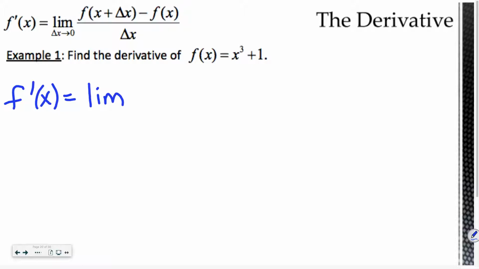So the limit as the change in x approaches 0, f of x plus the change of x means you're plugging x plus h into your function. And then please do not forget that you need to subtract the function in its entirety.